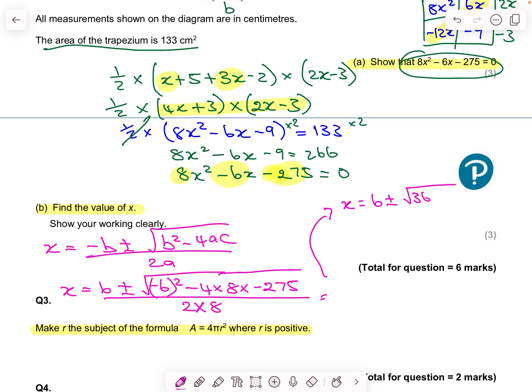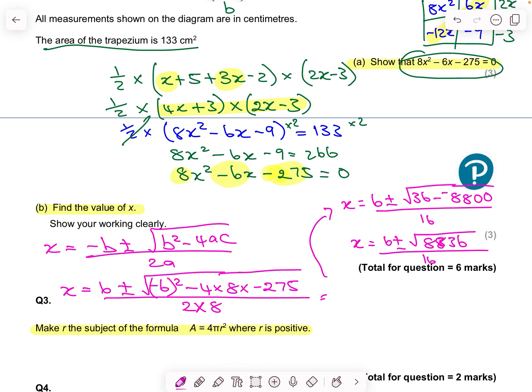So we've got 36, take away 4 times 8 times 275, which gives you minus, take away minus 8,800, over 16. x equals 6 plus or minus square root of 36 plus 8,800. This gives us 8,836 over 16.